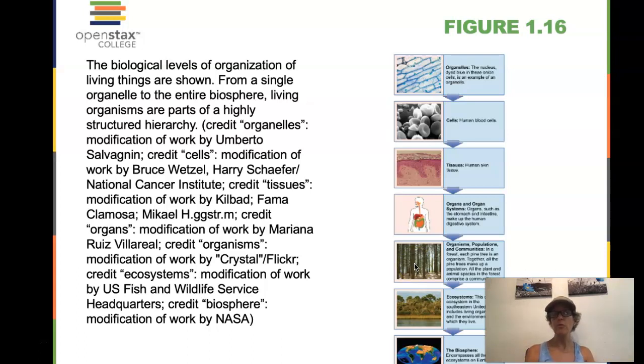Populations are a group of individuals of the same species that have the potential to interbreed. And communities are groupings of populations. By the time we get to the level of an ecosystem, we're talking about all the living and non-living things in a particular geographic area. And then we have the biosphere, the entire planet.